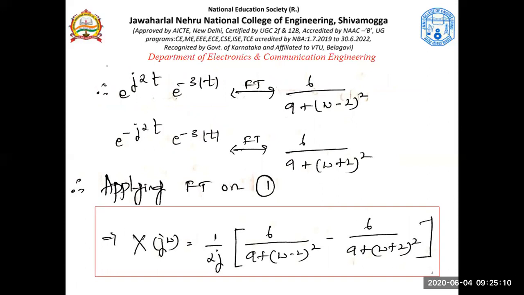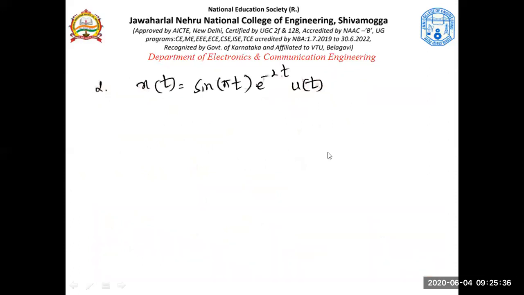This turns out to be a simple solution because we have made use of the properties. Which property? The frequency shift property. How did we understand we have to use the frequency shift property? Because there is an exponential in time domain. When there is an exponential in time domain, it obviously is a frequency shift property. So this is what one should remember.